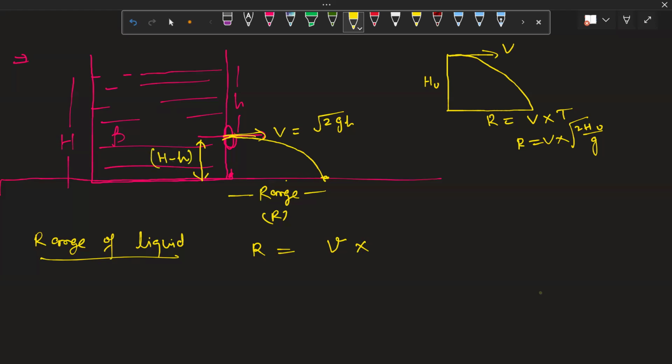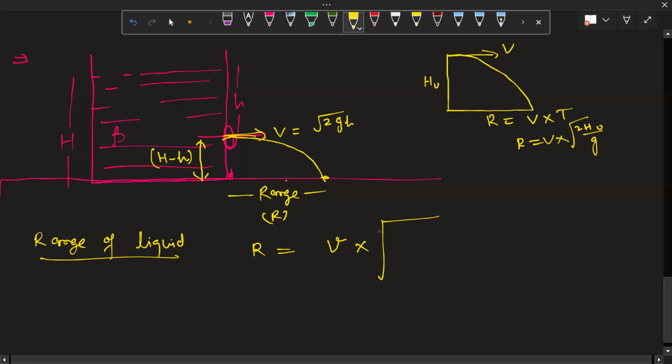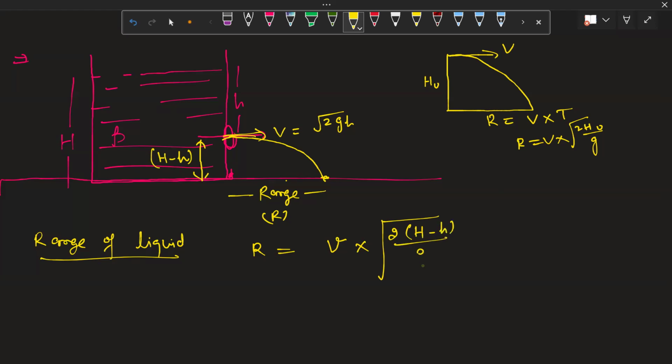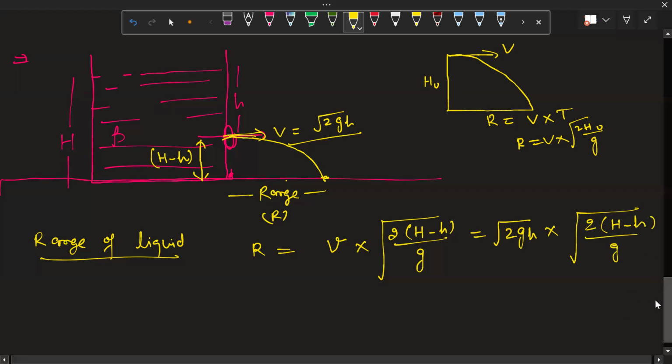Yes, sir, understood. So the time will be under root 2 times capital H minus small h by g. And v itself you have already found, v equals under root 2gh. So I can write R equals under root of 2gh times 2 times capital H minus small h by g.